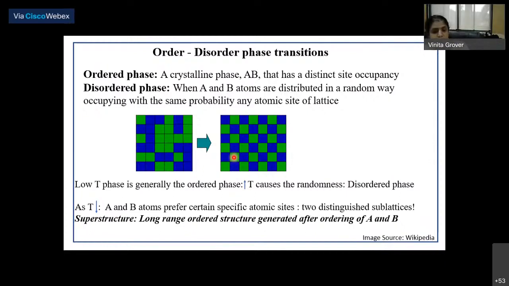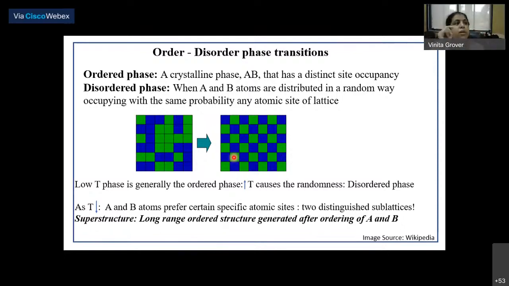Okay, now what is an ordered phase? Suppose you have mixed A and B, and I'm not talking about any particular technique, but you have some kind of vision, some kind of power that you are able to see where A is sitting and where B is sitting.